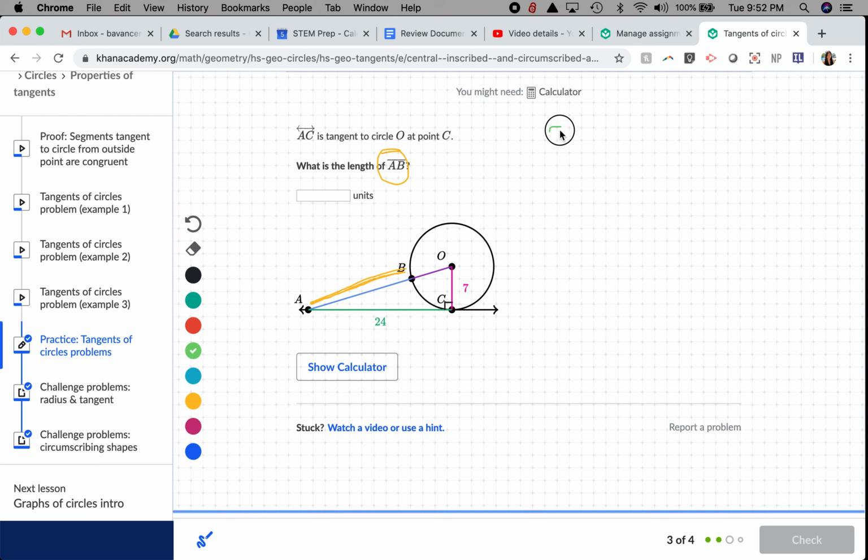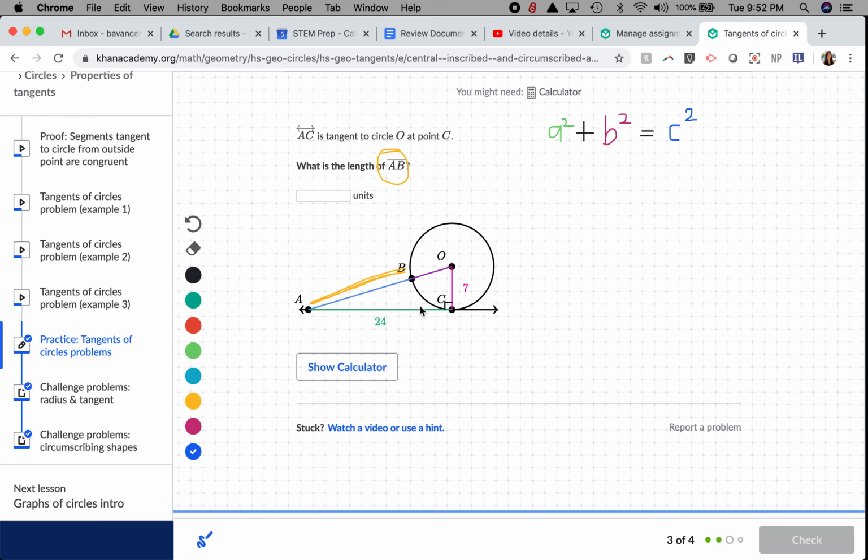Pythagorean theorem says that a squared plus b squared is equal to c squared. All right. So A and B are going to be the sides of your triangle.